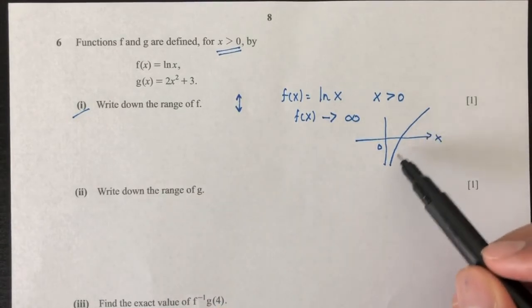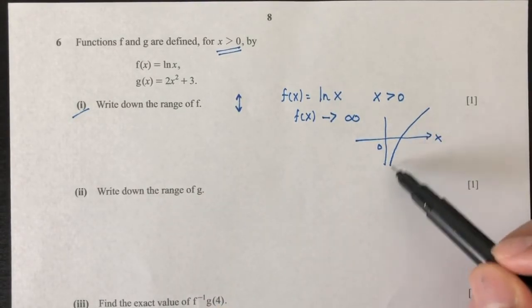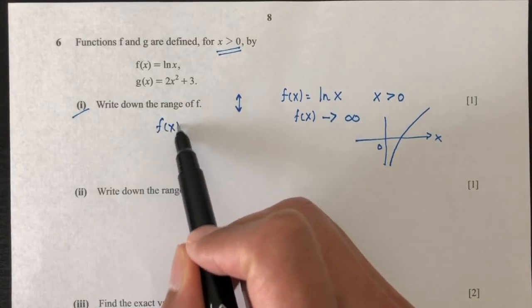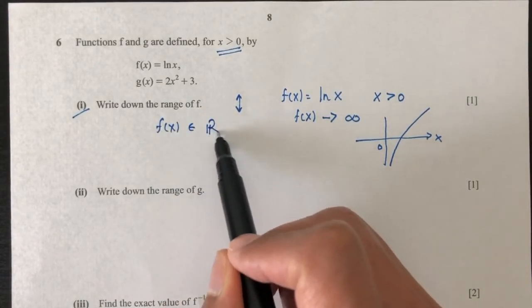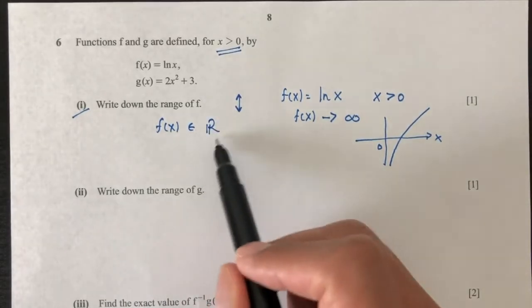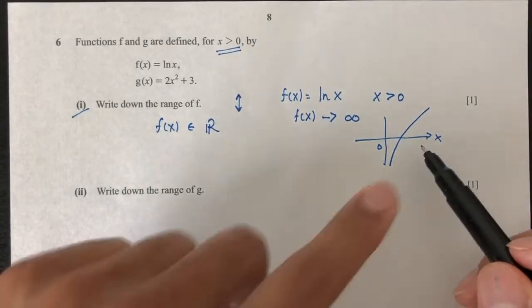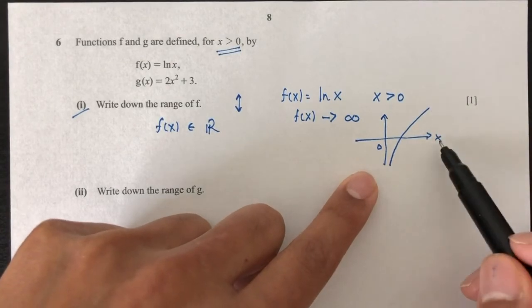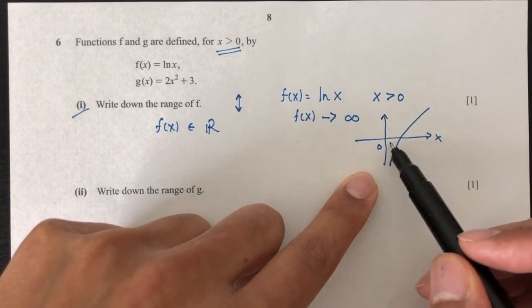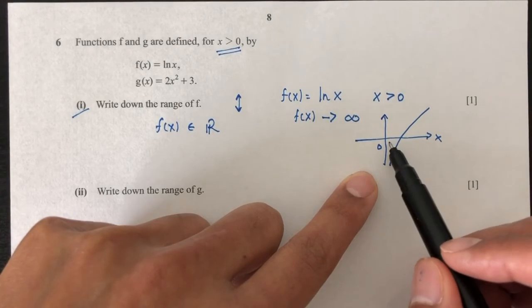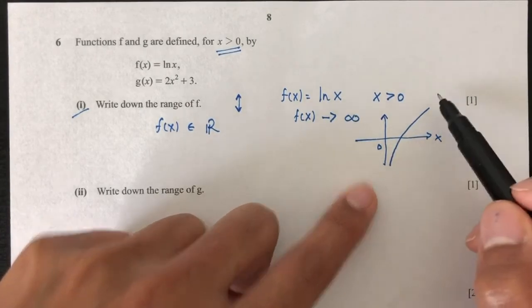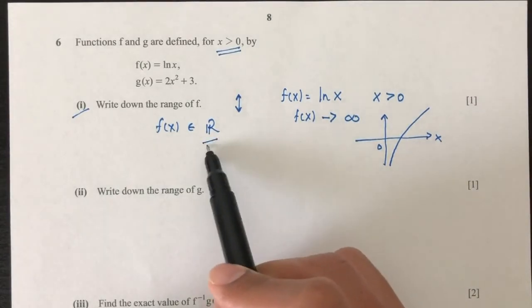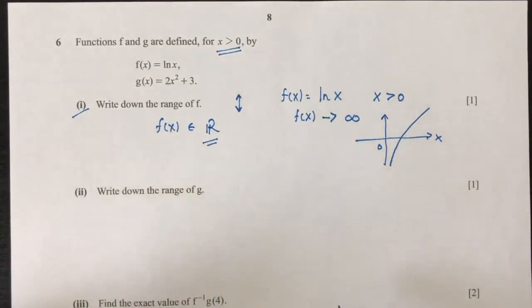So the value of y can go down and go up. So you would say f of x is in the set of real numbers. What it means is it can be anything, because as you can see, y goes both up and down. So basically if you decrease the value of x close to 0, it goes down, and if you increase x more than 0, it goes up. So it's going up and down both ways. So it is in the set of real numbers, it is everywhere.